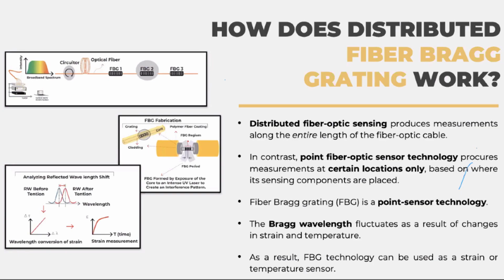For example, we can install sensors every 5 meters or every 10 meters, and decide what type of sensors can be installed on the same cable. We can use either strain sensing or temperature sensing. So this is a highly customizable and very highly sensitive technology, especially at the point level.